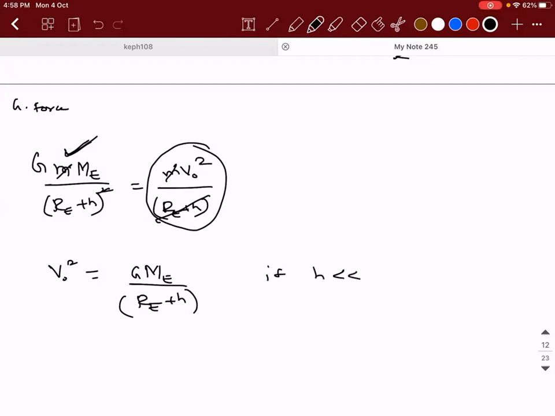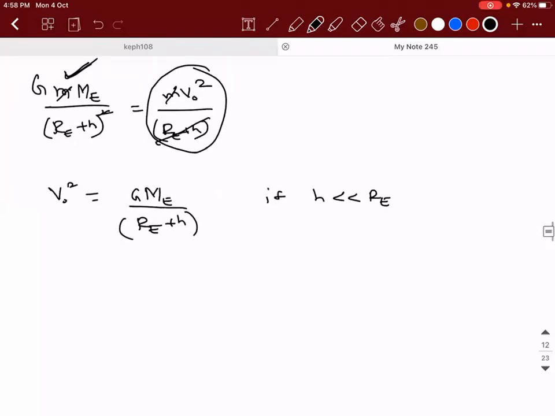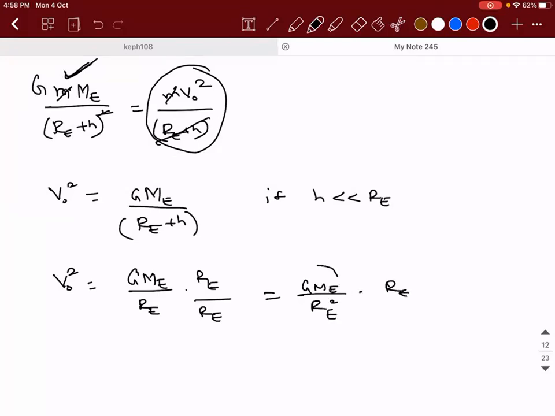If h is very much less than R_E, then v naught square will be equal to G times M_E divided by R_E. So multiplying with R_E and dividing with R_E will give you GM_E divided by R_E square into R_E. So what is GM_E divided by R_E square?